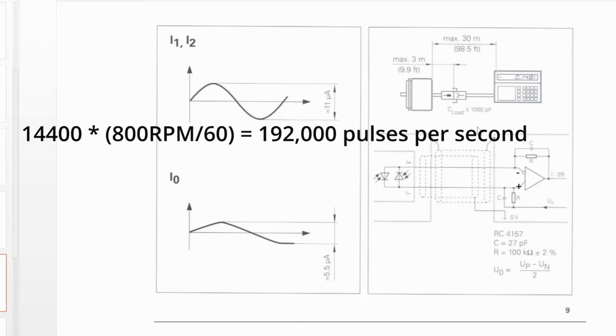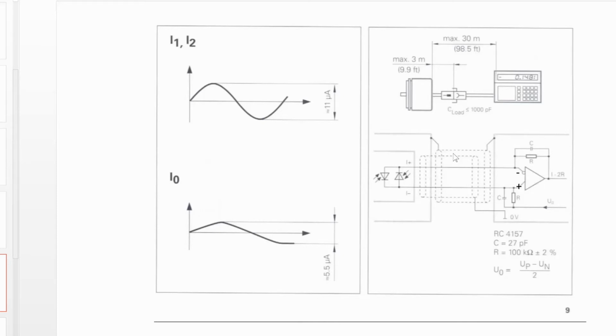The downside is your MCU is going to have to work a lot harder, and the interrupt frequency is going to be much higher. So I don't know that I actually want higher signal rates than 14,000 per revolution. That's going to add up to be quite a high amount of interrupts.